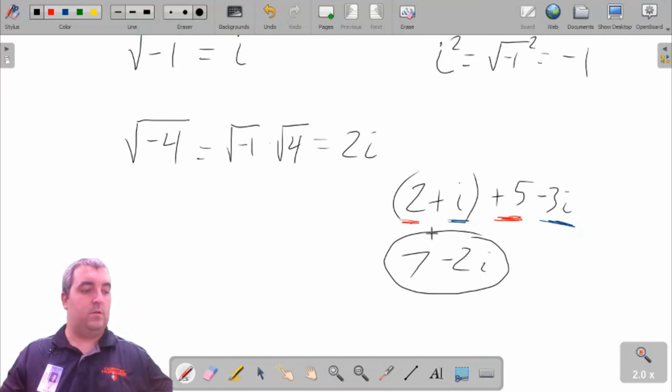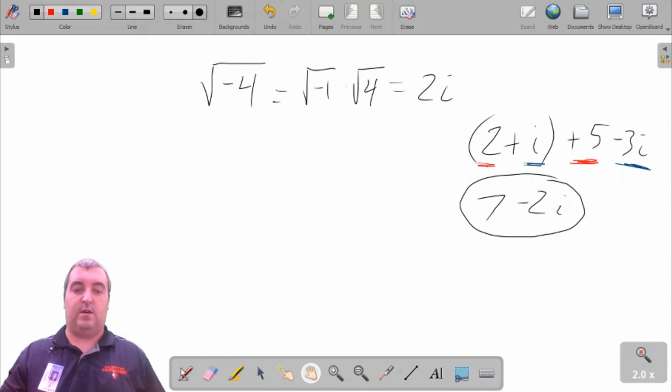Something that we will see a lot, an operation we're going to do a lot. Obviously, adding and subtracting is pretty straightforward. Next is multiplication of complex numbers. So let's say we have 2 plus 3i and 4 minus 6i.